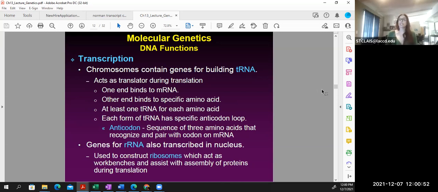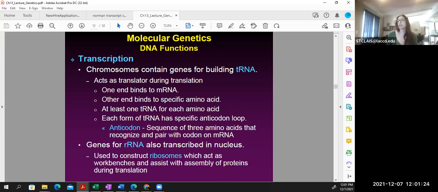Okay, so how does the transcription get carried out then? So the tRNA, remember, is transfer RNA and it's part of the building of the protein. It's going to be responsible for translating our codons that are made up of 3 nucleotides. So that's going to be 3 of our nitrogenous bases. And each of those codons codes for 1 amino acid. Remember that the amino acids are the building blocks of protein.